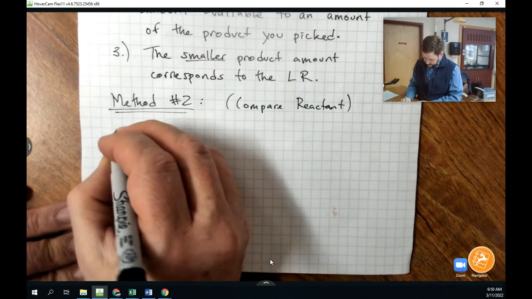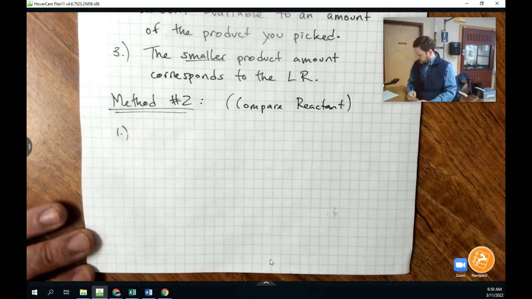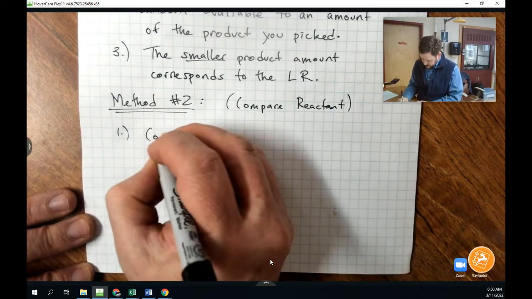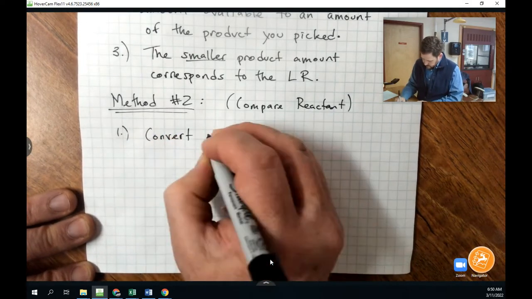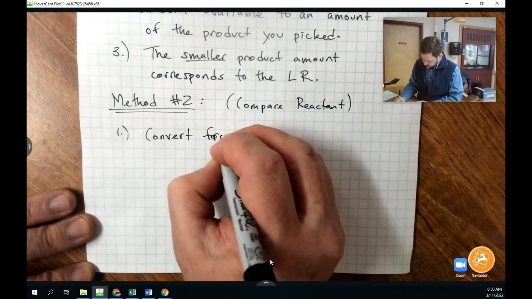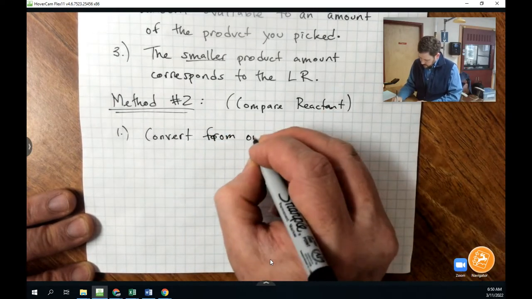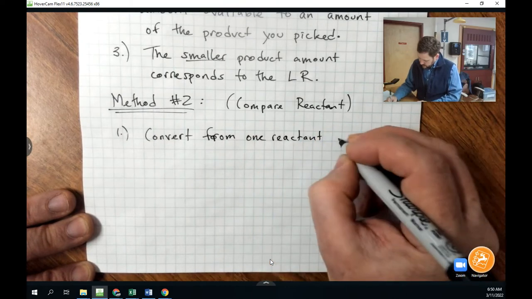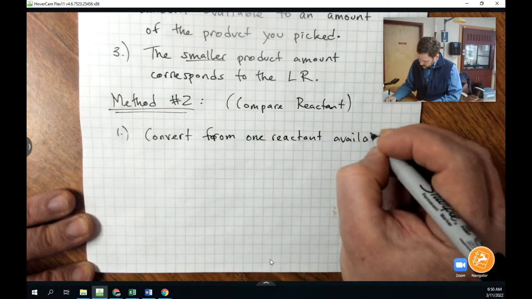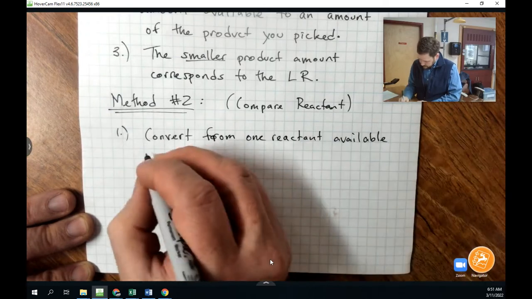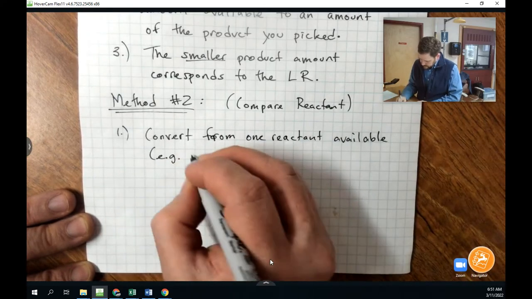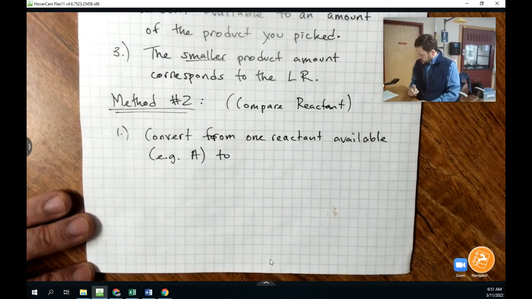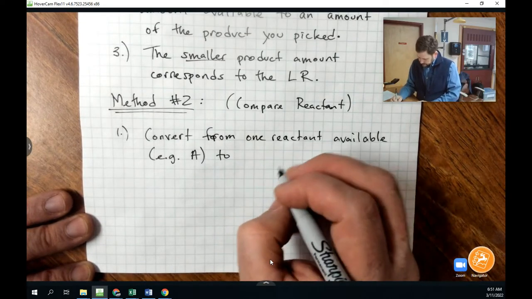So the first step is to convert from moles of one reactant available, for instance, A, doesn't matter which one, to moles of another reactant needed.